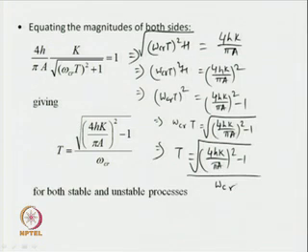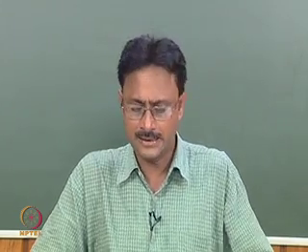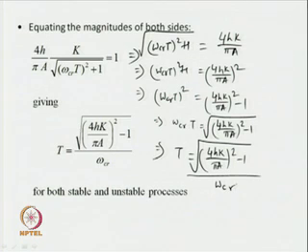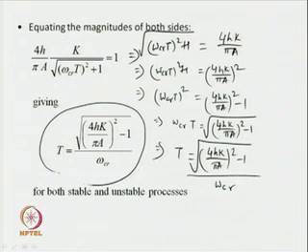This is how we get the expression for the time constant of the first order transfer function model, T = √((4hk/(πa))² - 1)/ω_cr. This expression can be used for both stable and unstable process dynamics.